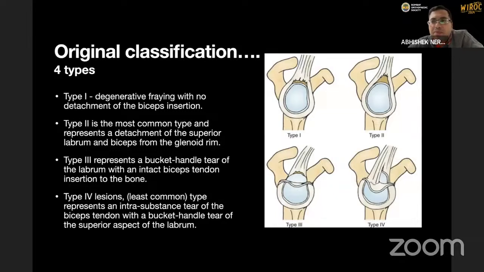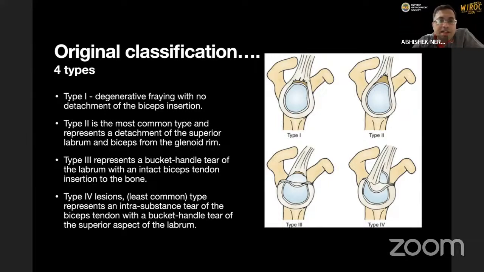So these are the four types of tears that are commonly noticed and discussed. Type 1 is just fraying or a minor detachment; you can't go underneath the SLAP. Type 2 is the most common. It is seen in 55% of the patients, and more often than not, you'll see in all the MRI reports that you get that they will mention a type 2 SLAP lesion.